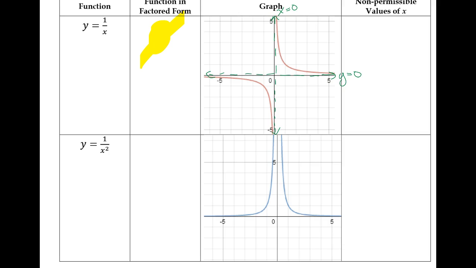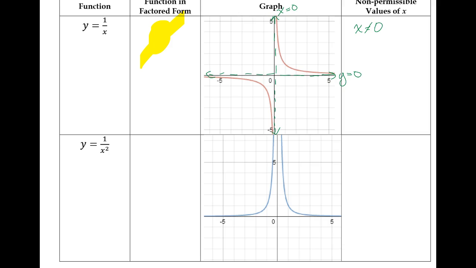So our non-permissible values are that x cannot be 0. And the y cannot be 0 is simply a result of this. We're simply going to look at what our x non-permissible values are for these functions. So it can't be 0 because we're not allowed 0 in the denominator.